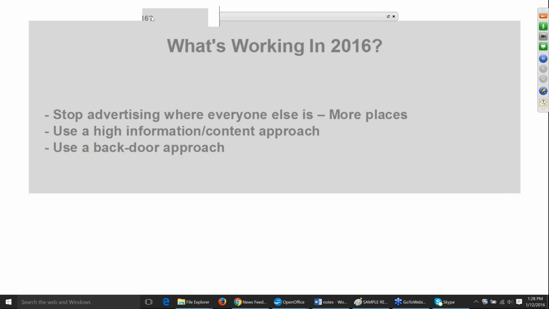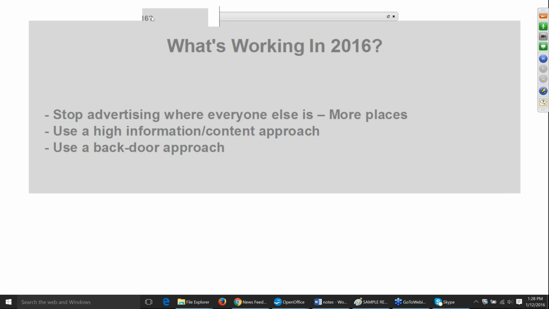But online, most folks are not using them. An advertorial is simply a high content ad that looks more like an article. So it's a mashup of the words editorial and ad, thus the word advertorial. So it's advertising with an editorial approach.